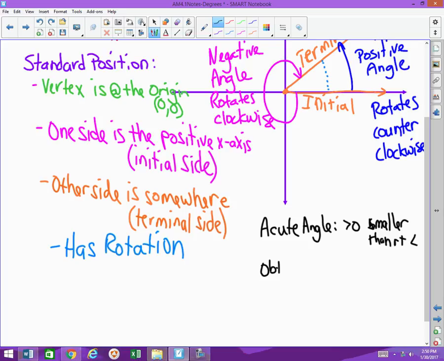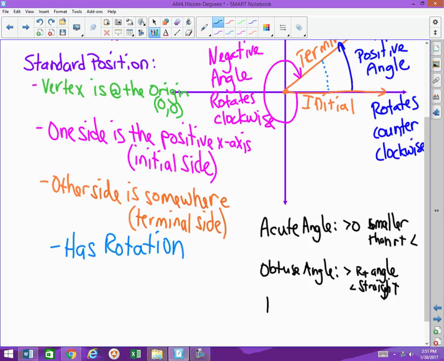There's an obtuse angle, which is an angle that is greater than a right angle, but less than a straight angle, or between 90 and 180.